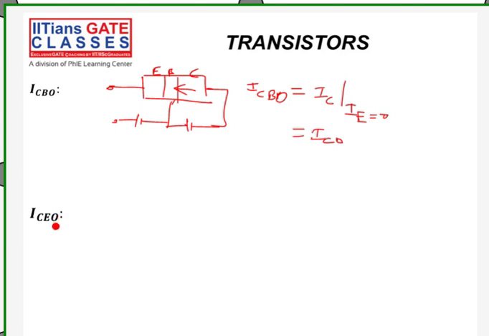Second thing, ICEO. ICEO is the collector to emitter current, or it is the collector current when the base terminal is open. So that is ICEO. The circuit diagram will be like this.